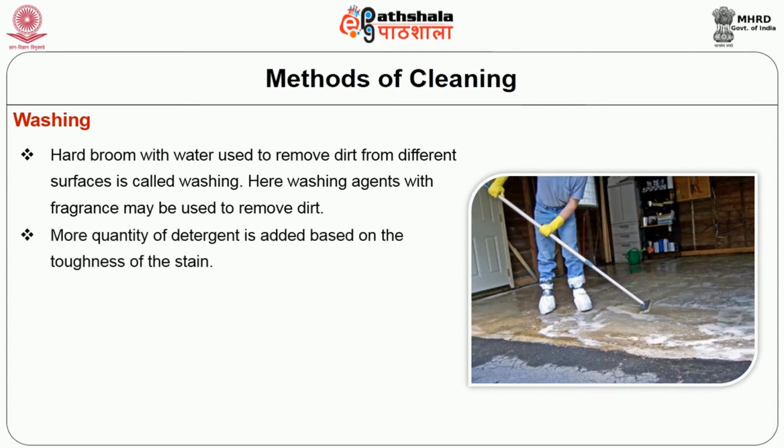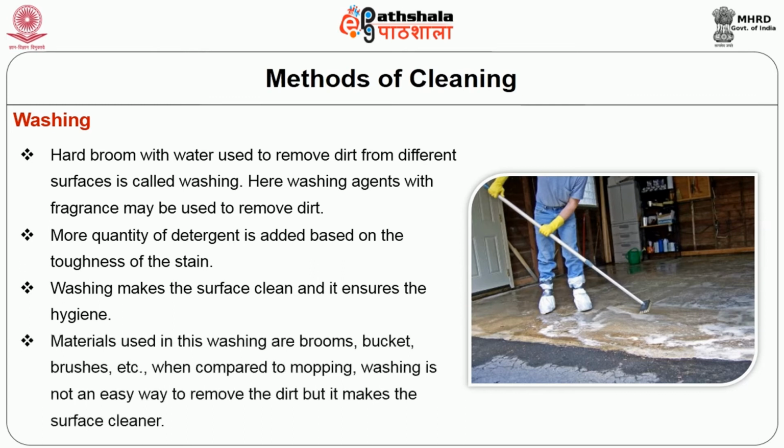More detergent is added based on the toughness of the stain. Washing makes the surface clean and ensures hygiene. The materials used in washing are brooms, buckets, brushes, etc. When compared with mopping, washing is not an easy way to remove the dirt, but it cleans the surface.